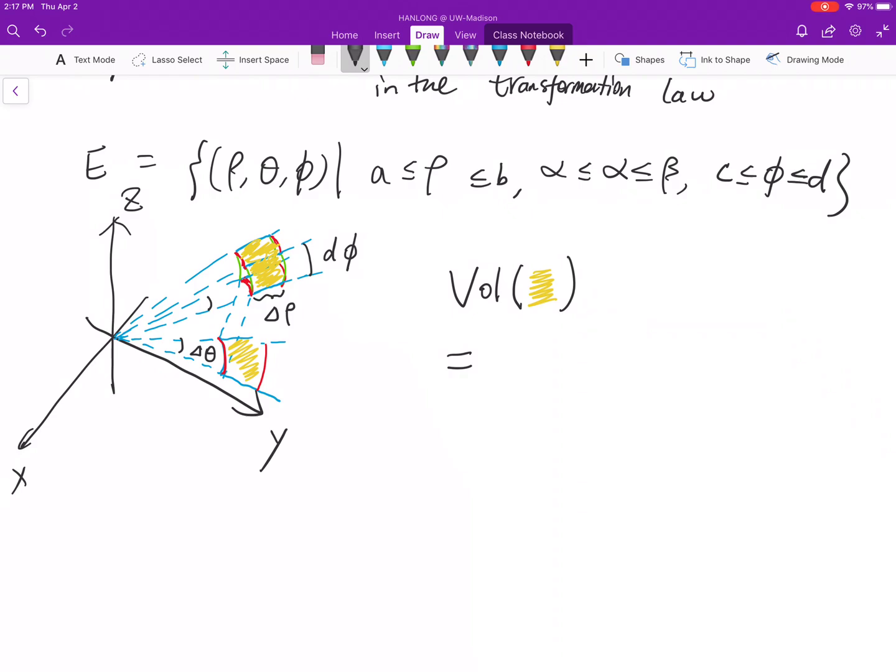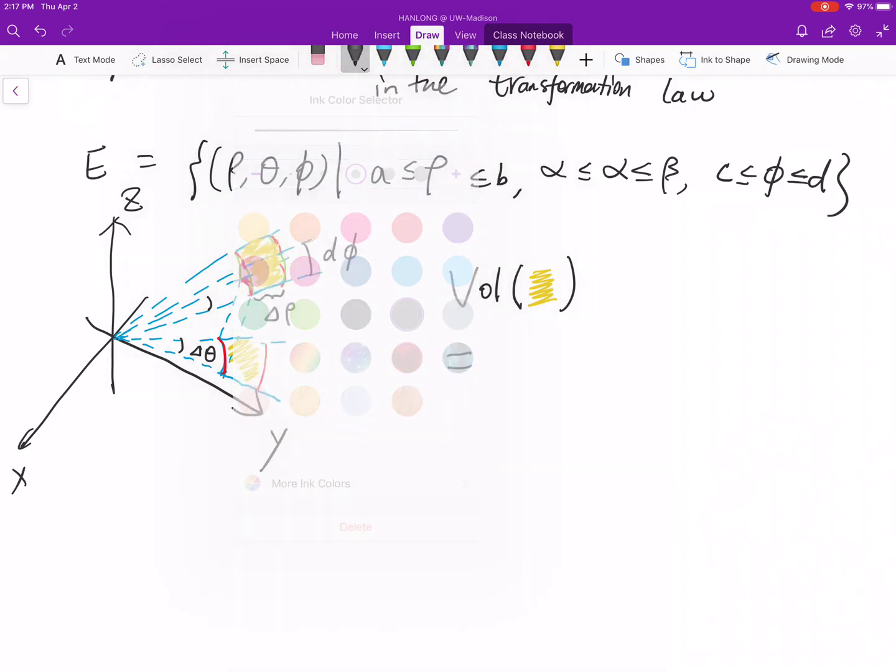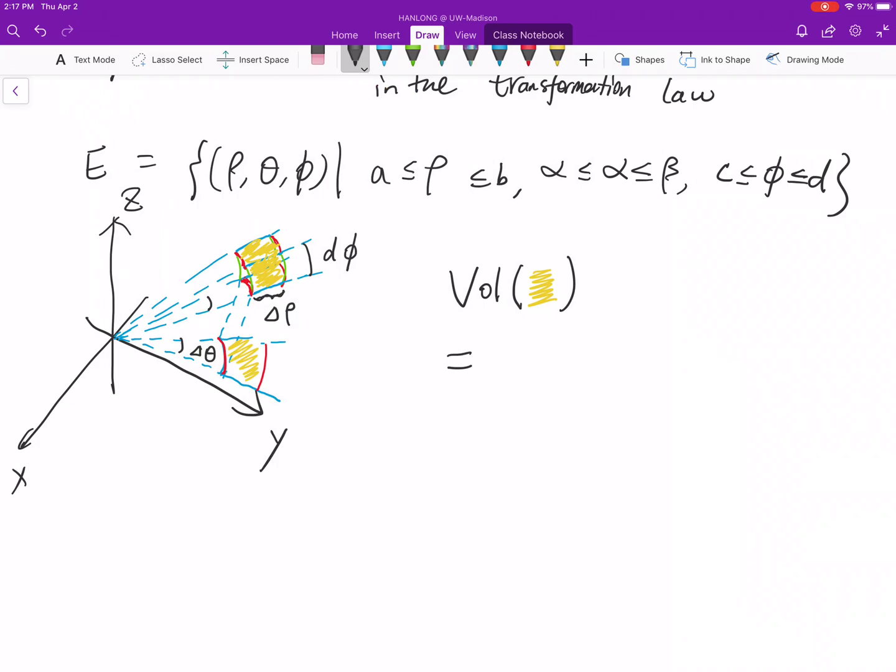Although it's curved, we can view it as a cuboid approximately, and then we need to figure out the length of its three adjacent sides. So for example, we already know this part is delta rho, and then what is the green part?